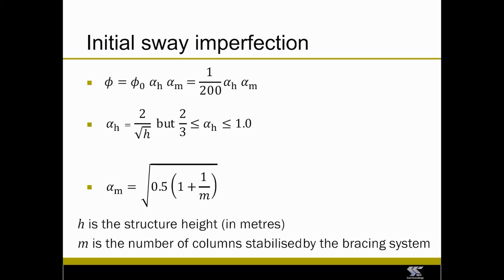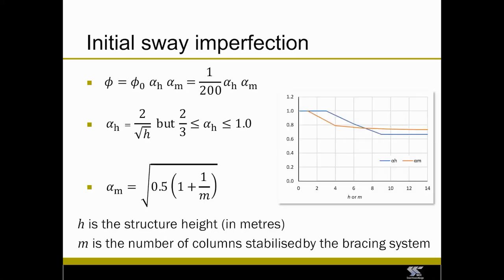We have vertical studs, but for columns we can read vertical studs. So one of the aspects of light steel framing is if you've got many more verticals than you would have in a sort of traditional hot rolled steel structure. So this alpha m value is reduced.